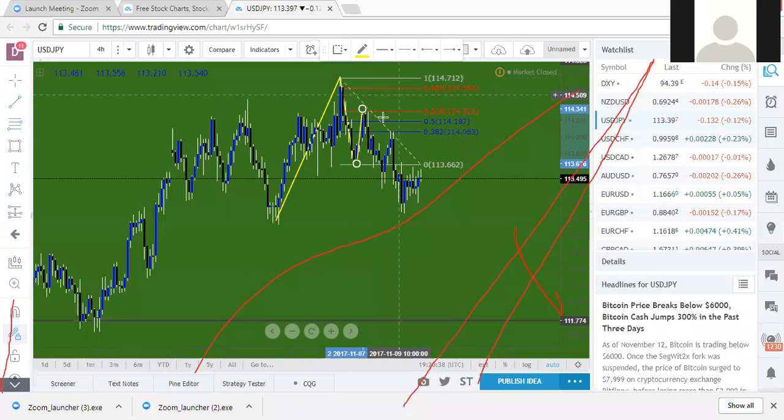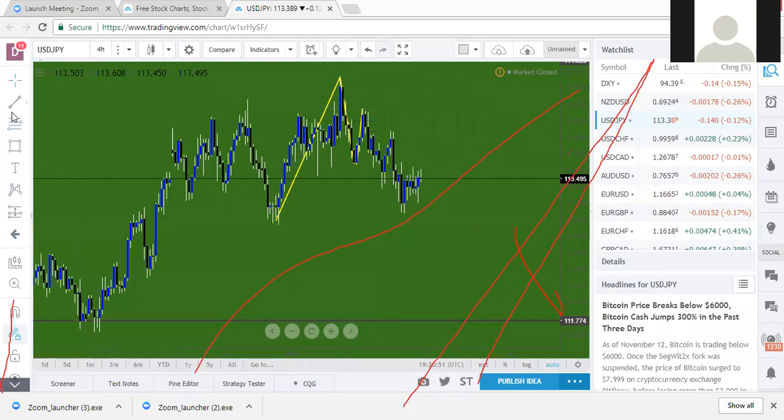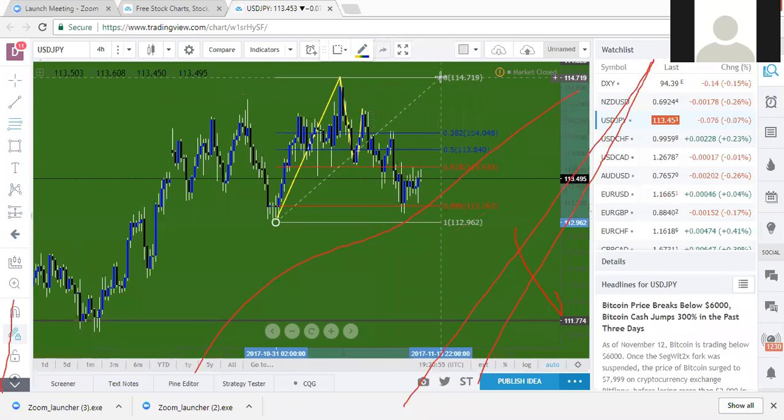So we can begin to look for our D extension at the 886 of X to A. And we do have 886 respect here.